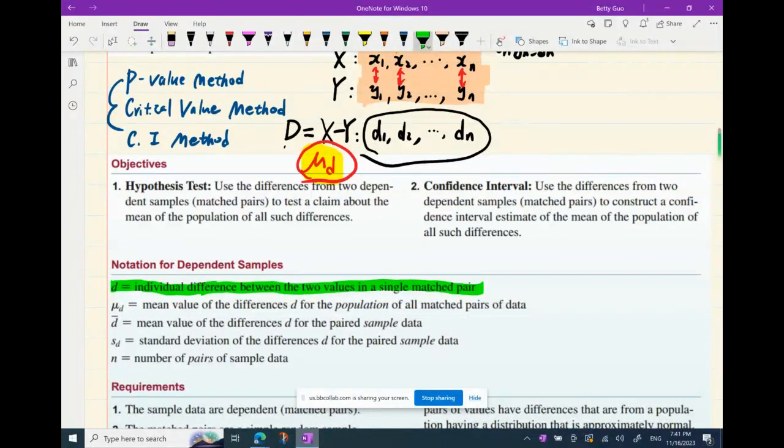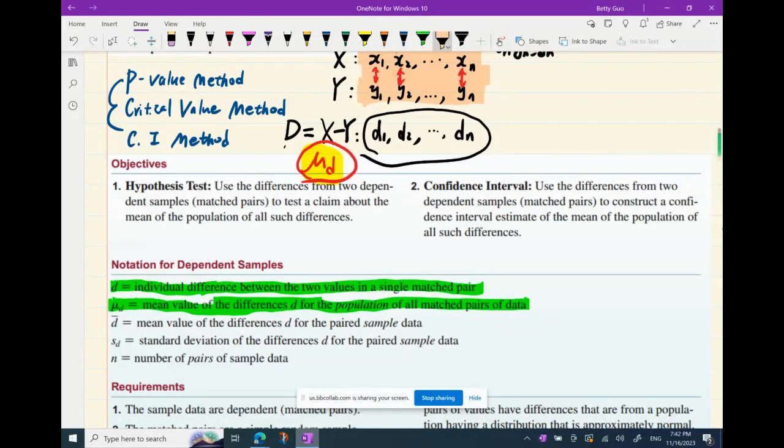It's the difference. d represents the difference between the paired values in the two samples. And mu sub d is the mean of the differences d for the population of all matched pairs of data.